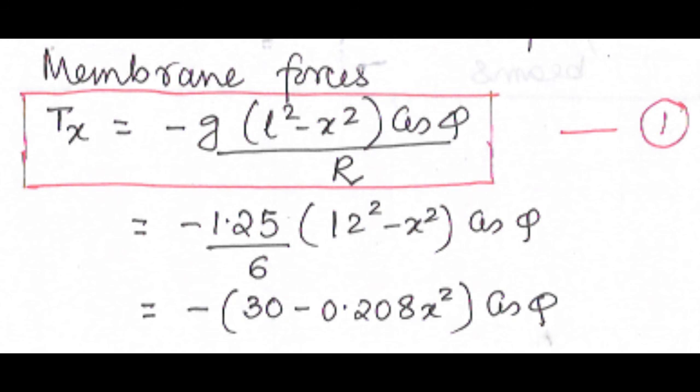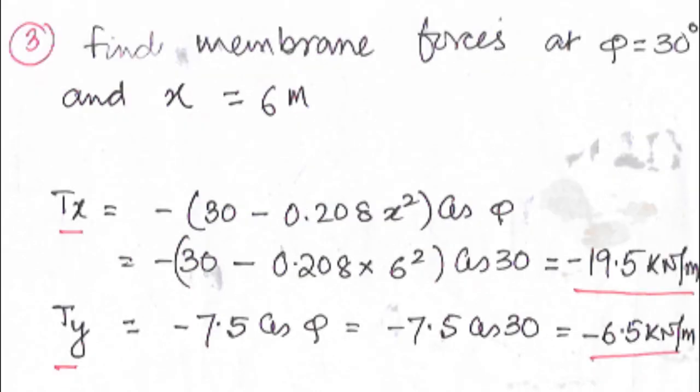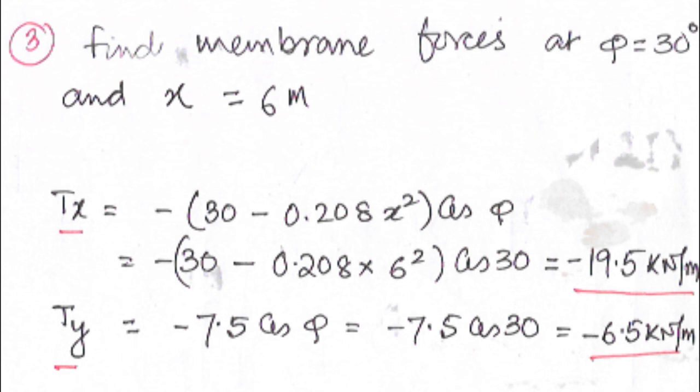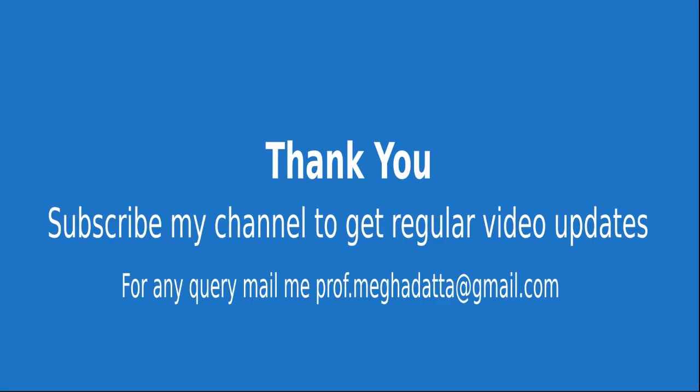So from there you put x equal to 6 and phi equal to 30. That gives the membrane force Tx equal to 19.5. And Ty we have got as 7.5 cos phi, so now put phi as 30 degree. This gives the value as 6.5 kilonewton per meter. So the problem can be solved this way.